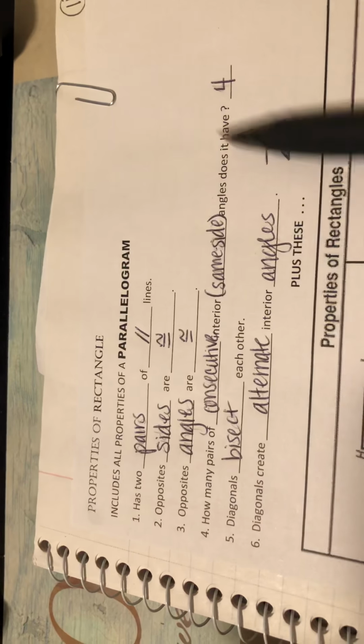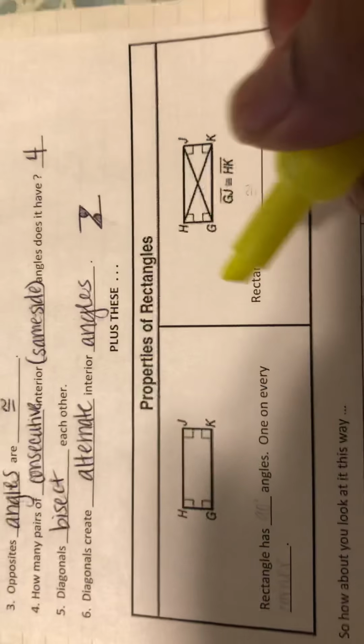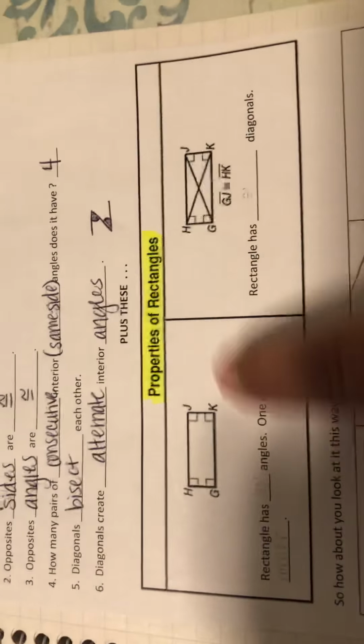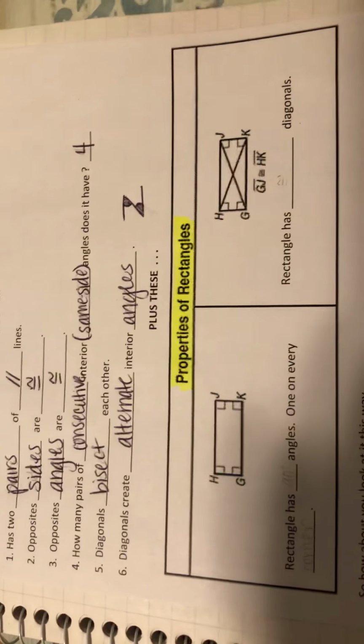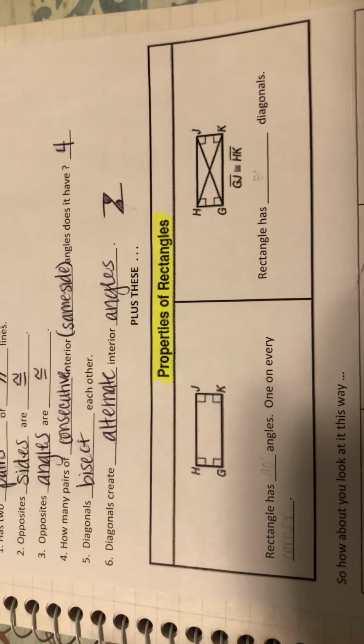Now, these 6 properties are part of any parallelogram. Now this that we're talking about today is the rectangle. Okay, so I'm gonna take my highlighter and I'm going to highlight where it says properties of a rectangle. Remember, these 2 properties, because you see 2 boxes, are specific to the rectangle. So these do not apply to a rhombus, okay?